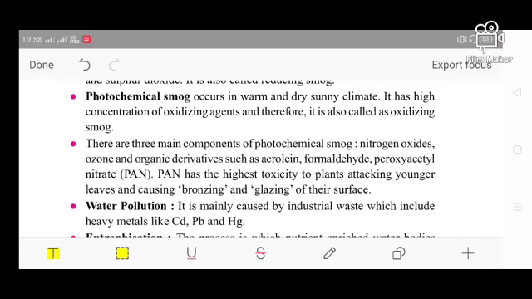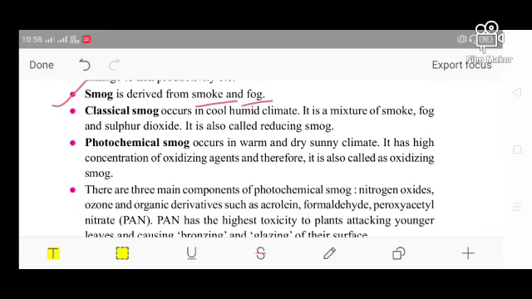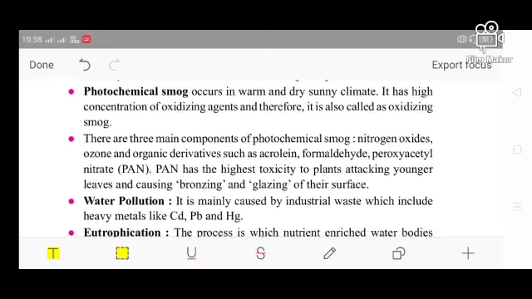After that, the photochemical smog. What is photochemical smog? Photochemical smog occurs during the warm and sunny climate. Okay, but the classical smog is found in the cool and humid climate. Very basic difference between the classical smog and photochemical smog. It is seen in the warm and sunny climate.